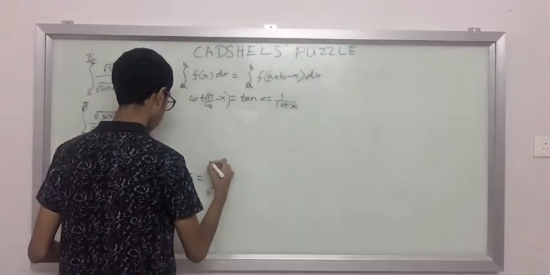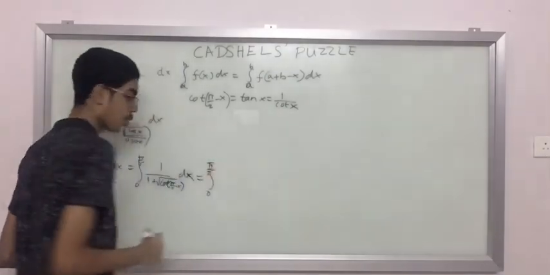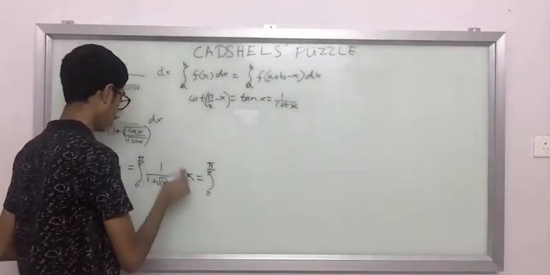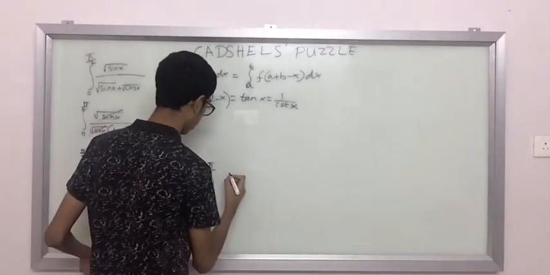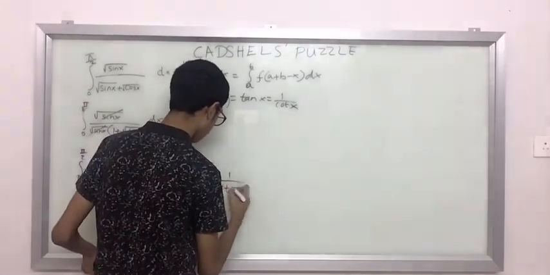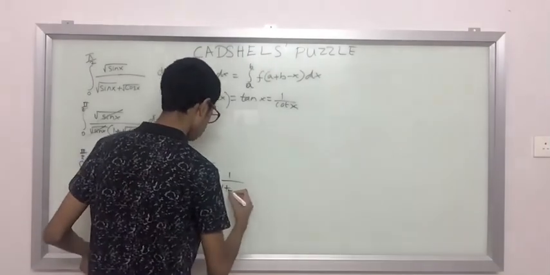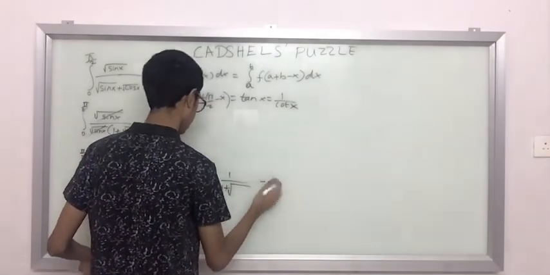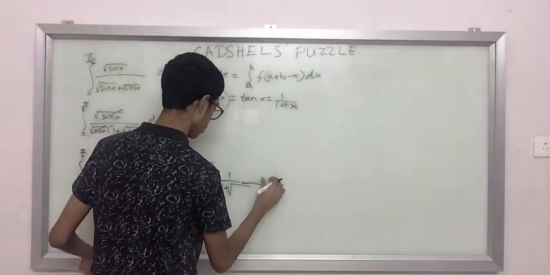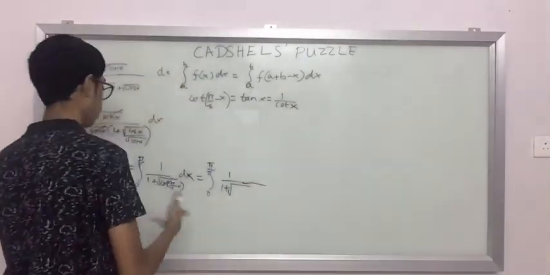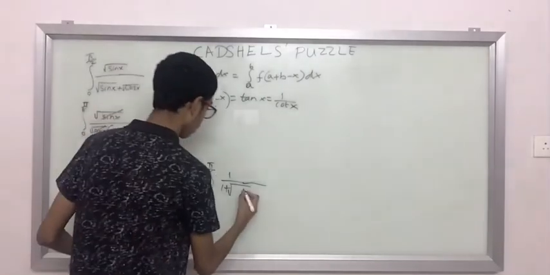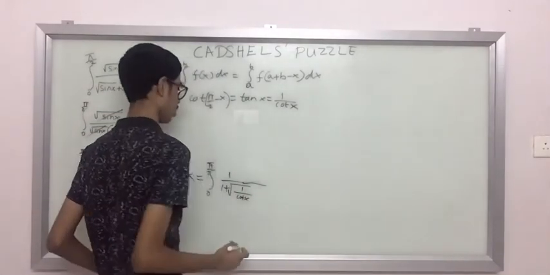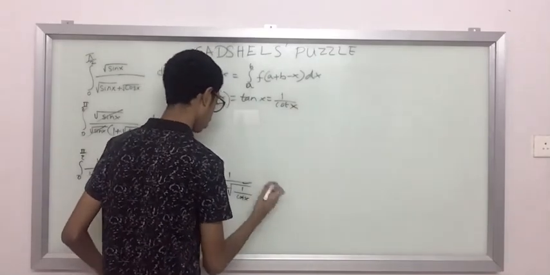So I will write this equal to integral from 0 to pi by 2 of 1 by 1 plus square root of 1 by cot x dx.